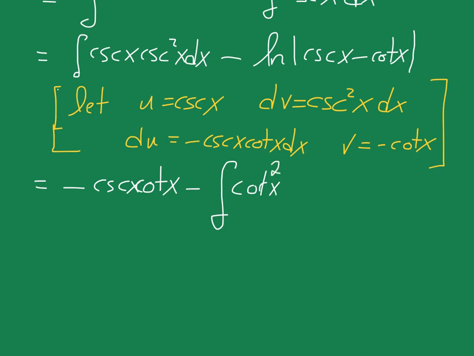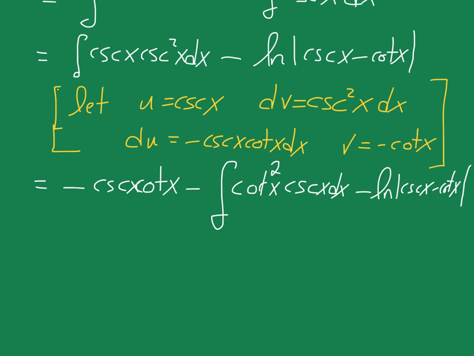That gives me two cotan x's, so I've got cotan squared x and cosecant x dx. And then I'm just going to rewrite our last line from up above, which is log absolute value cosecant x minus cotan x. All right.